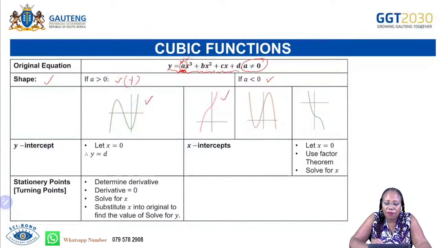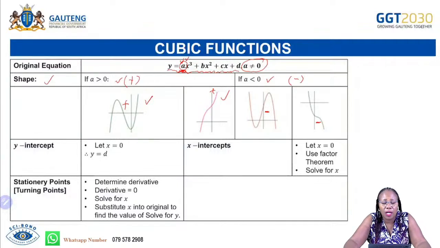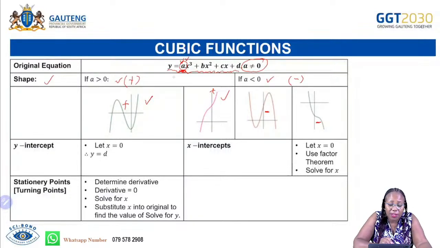If the value of a is less than zero, meaning it is negative, then grade 12, we are expecting the shape that ends up facing downwards, if it's a smooth curve like that. And if it's a positive one, you can see that the part ending on your right hand side will be a positive part. Now that means this value of a plays a major role in terms of the shape of the graph.